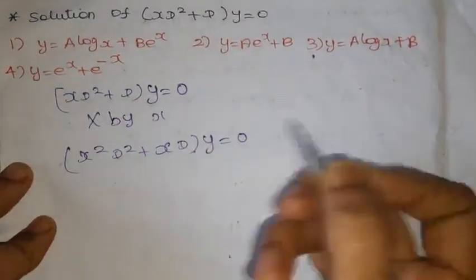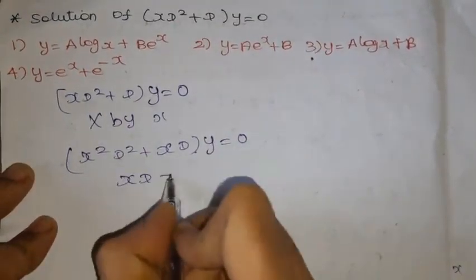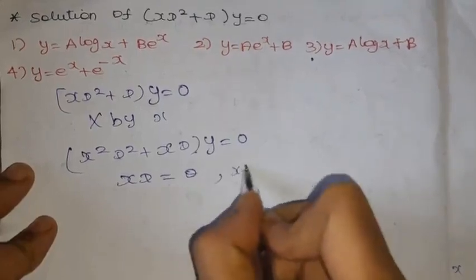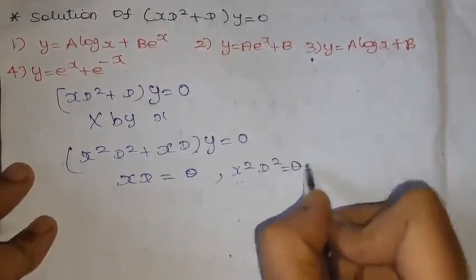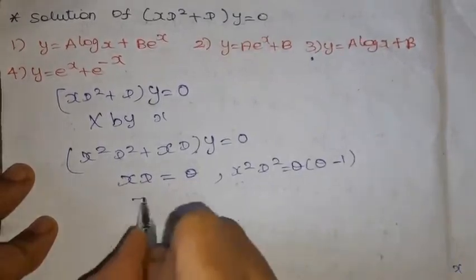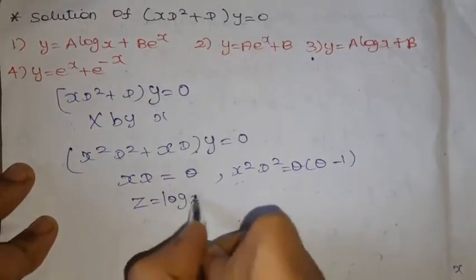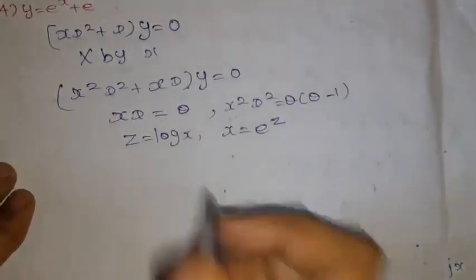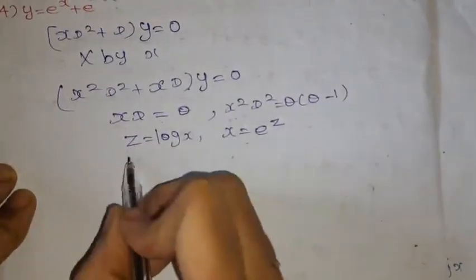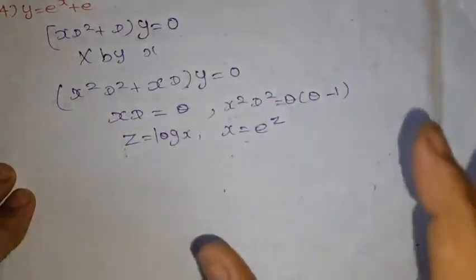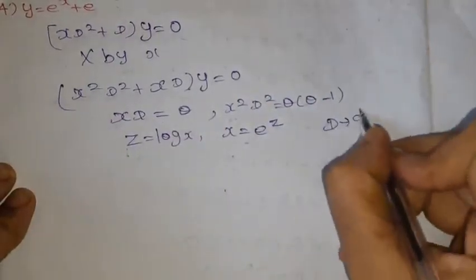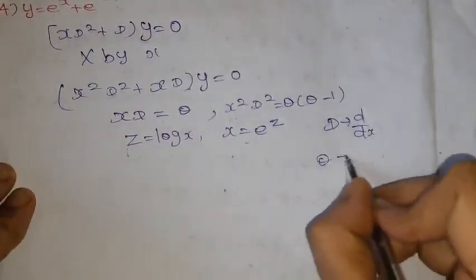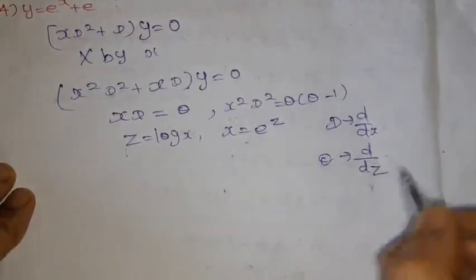Let x equal to e power z, so xD equal to theta, x squared D squared equal to theta into theta minus 1, z equal to log x. Just substitute all this in that equation, where D equal to d by dx and theta equal to d by dz.